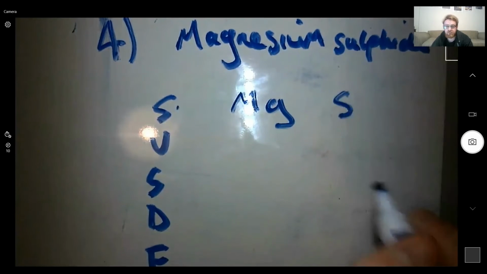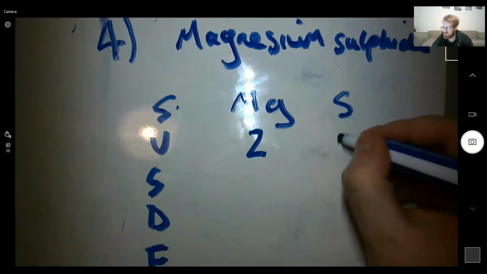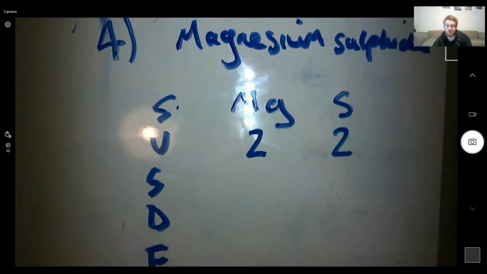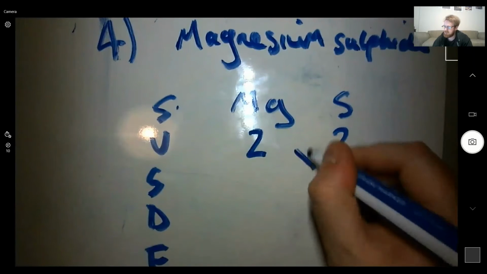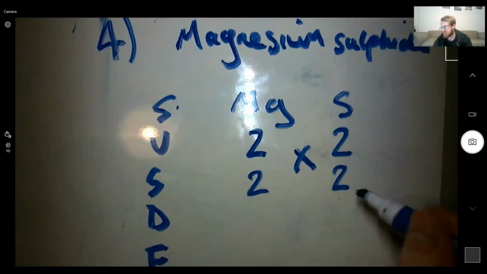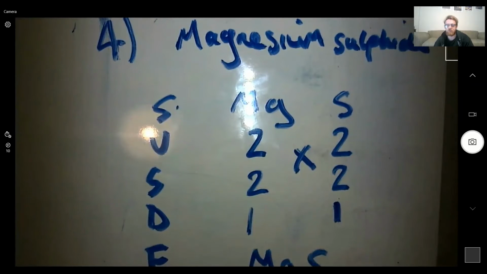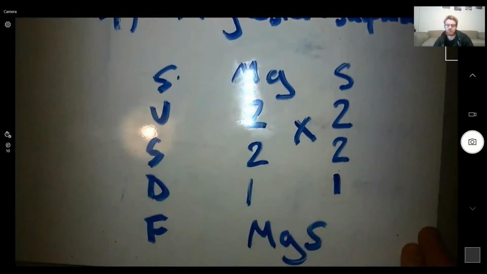Sulfur symbol is S. Valency for magnesium is 2 because it's in group 2, and sulfur is also 2 because it's in group 6. We can swap them over, but it just ends up the same. We can simplify it down to 1 and 1. Therefore, the formula for magnesium sulfide is MgS.